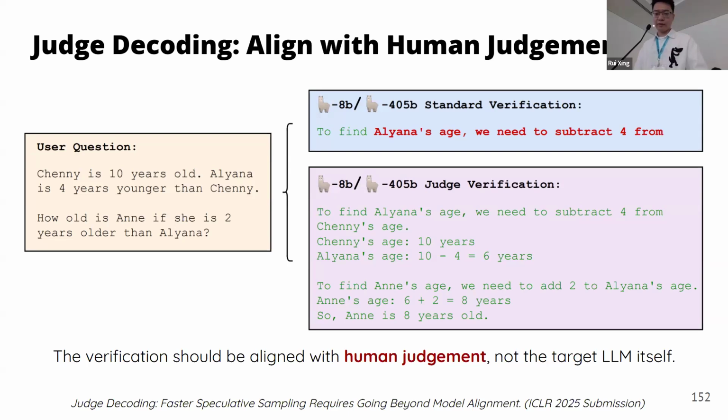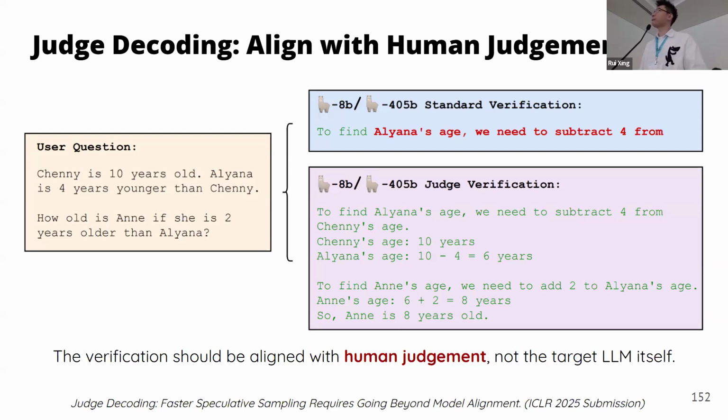In this scenario, maybe we should change our requirement. We could require the outputs to align with human judgment, not the target large language model's judgment, because AI services serve human life, not the target large language model.